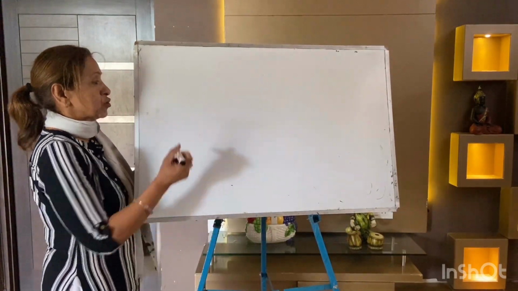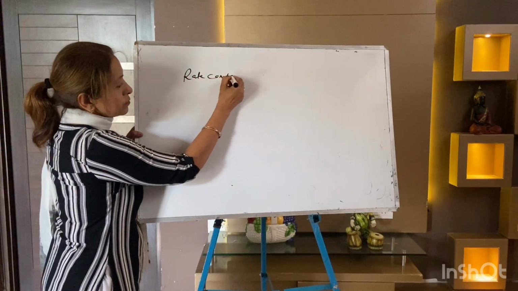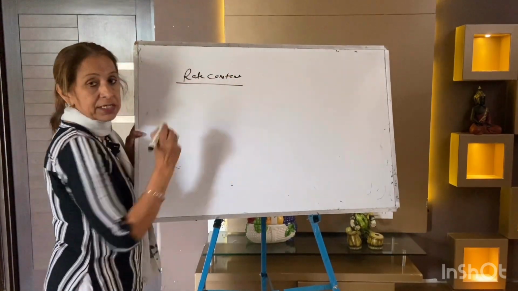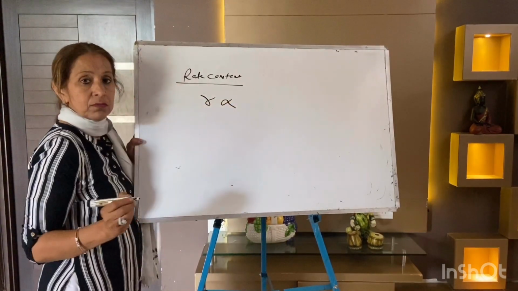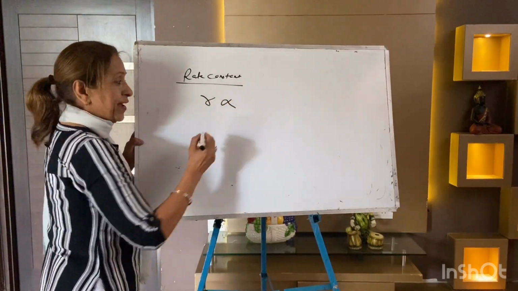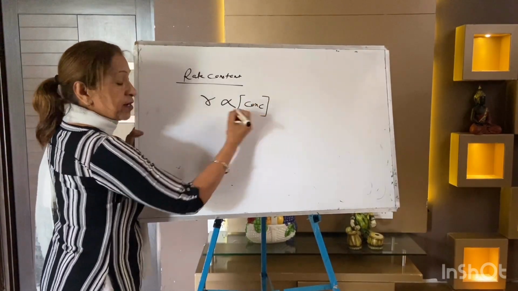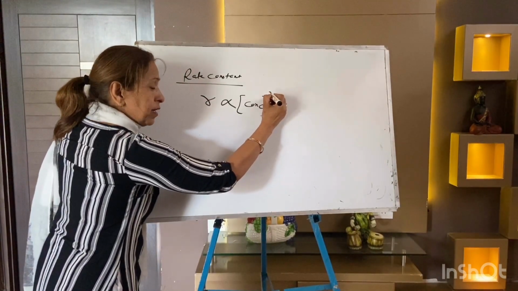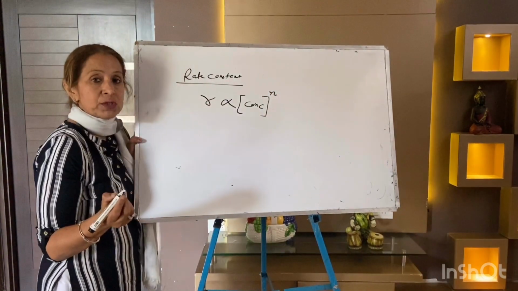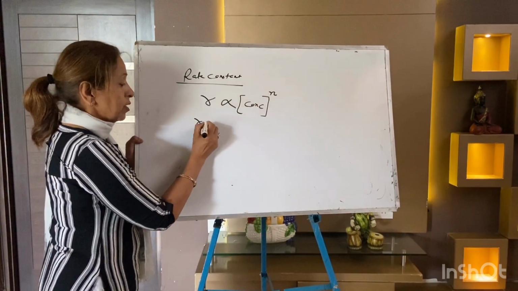Now I am taking the next topic, rate constant. According to the rate law, rate of reaction is directly proportional to the concentration of the reactants, with each concentration term raised to a power equal to the number of moles of the reactant present in the slowest step.